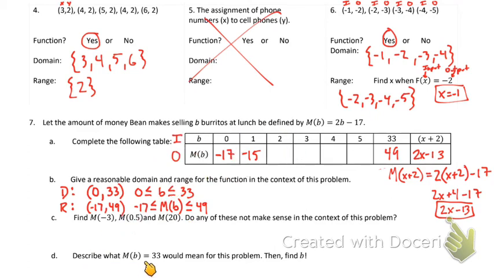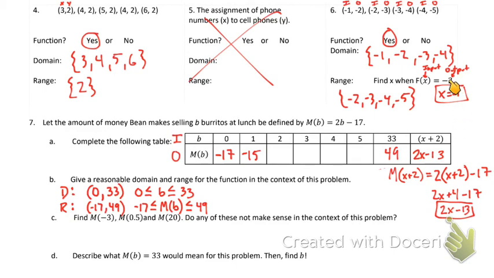All right, part D. Describe what M of B equals 33 would mean for this problem. So we go to, on the table, M of B, and we look, and it says 33. So we say M of B equals 33. So what this means is, remember, this is your output, just kind of like I explained in this problem over here.